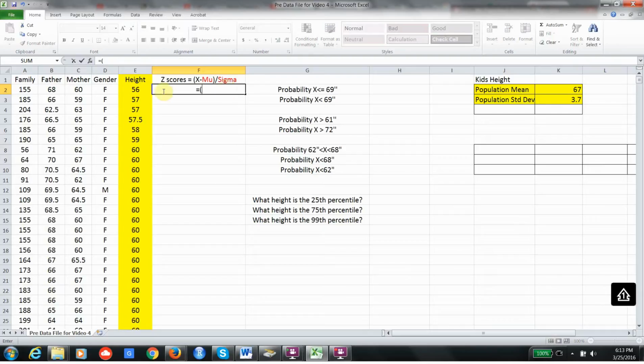So I'm going to take my data value, subtract the mean, and divide by the standard deviation. And I'm going to want to use that drag down command to do the same for all of these values in the same column, which means I'm going to have to anchor my population mean and my population standard deviation.